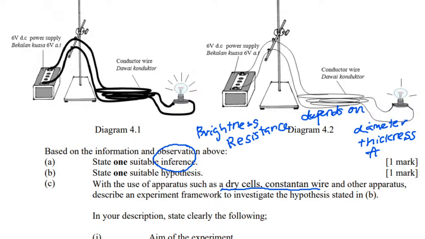The greater diameter of wire, the greater the resistance. Yes, you can write like that. But this is false. When you do experiment, you will find that this hypothesis is false. Palsu lah. Because the greater the diameter of wire, the smaller the resistance.